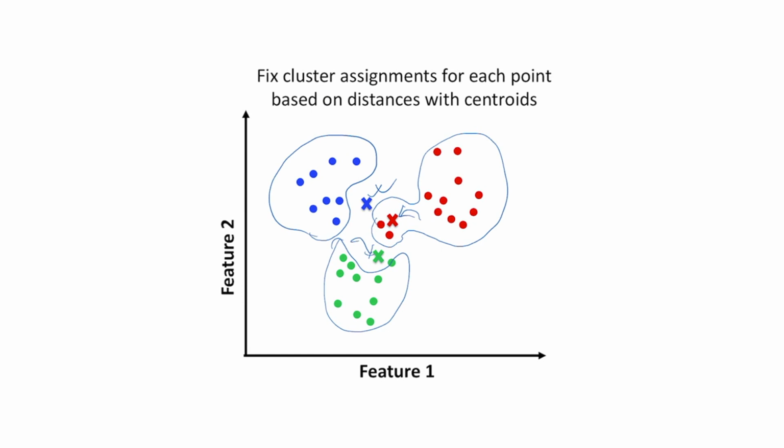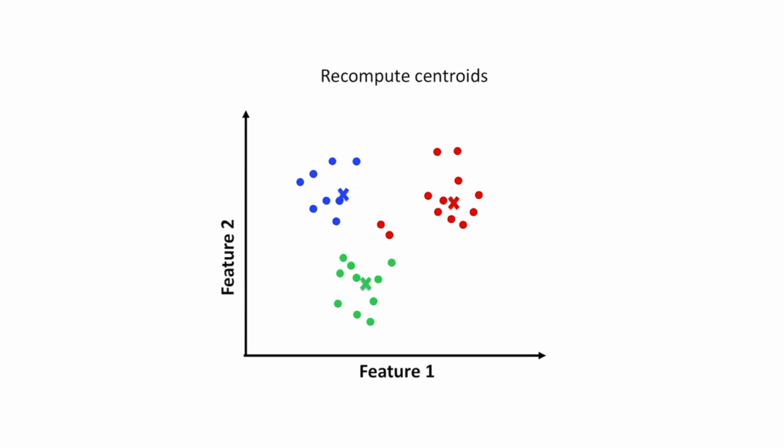Therefore, using the new red points and the new blue points and the new green points, we recompute the centroids and we find that this is the centroid for the points that are marked in red. This is the centroid of the points that are marked in blue, and this is the centroid for the points that are marked in green.